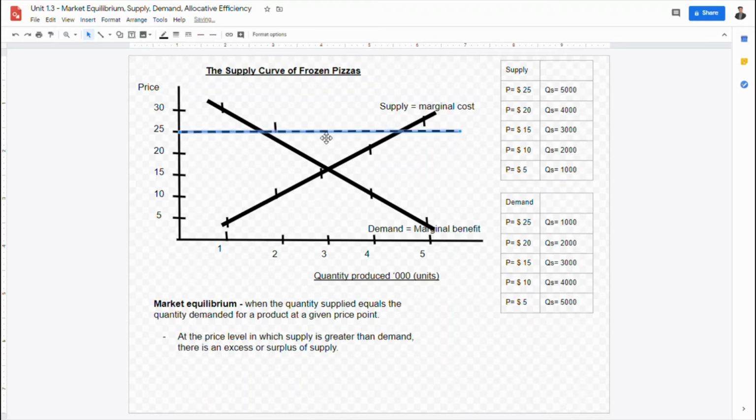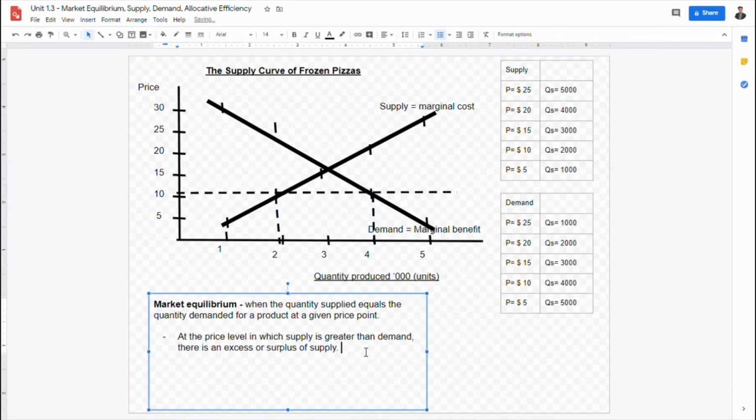Now let's say in this scenario, the price level is dropped all the way down to $5 or $10, let's do the $10. At the price level of $10 per pizza unit, the quantity suppliers are willing and able to supply is around 2,000 units. The units demanded by consumers is around 4,000. So we get the second relationship of the market equilibrium.